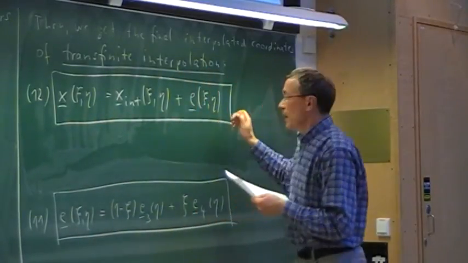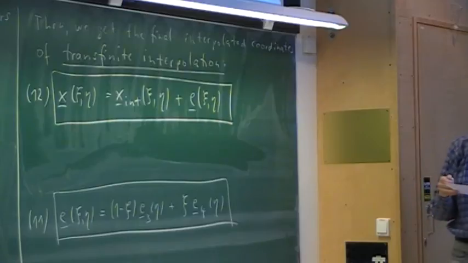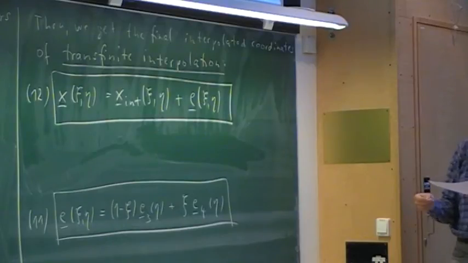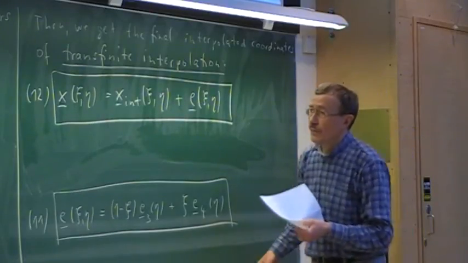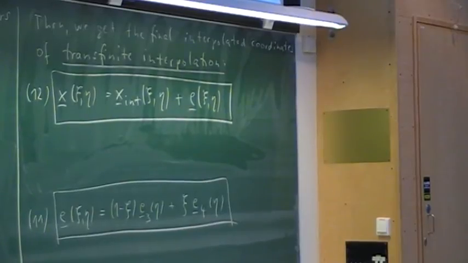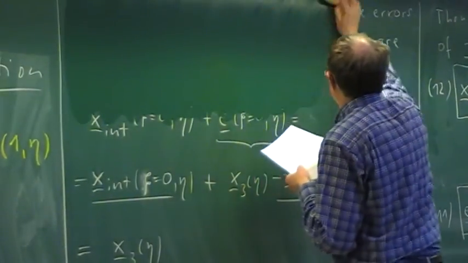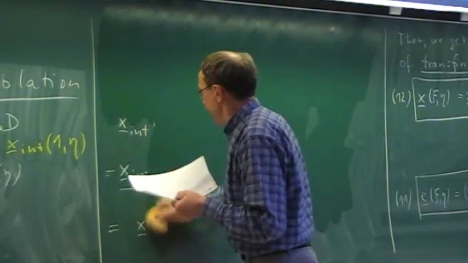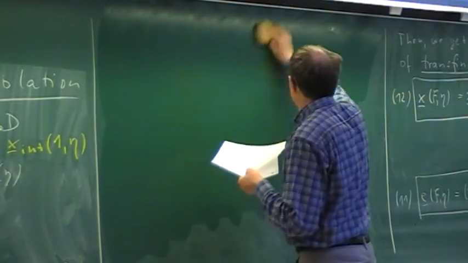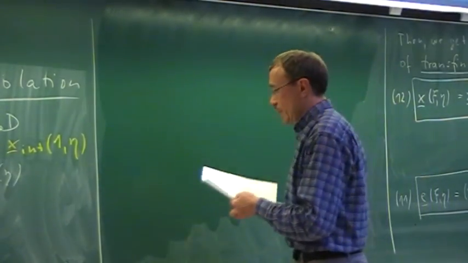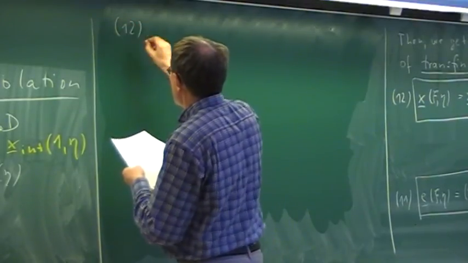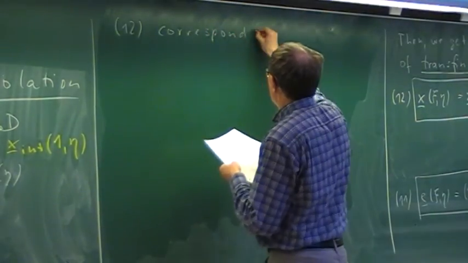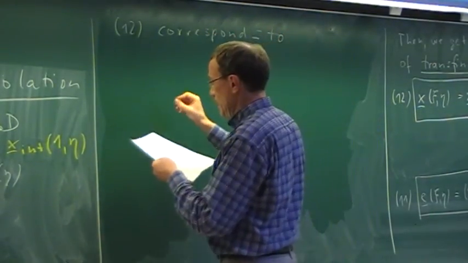So if we write out what this is, then we just use the definition of the interpolated coordinates and the definition of the error, and then we can see that equation 12 of the transfinite interpolation corresponds to the following.